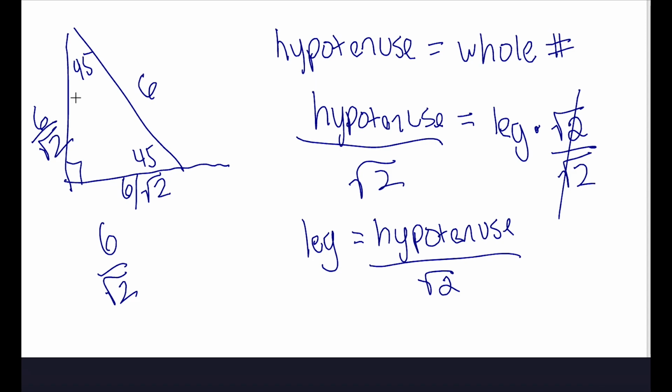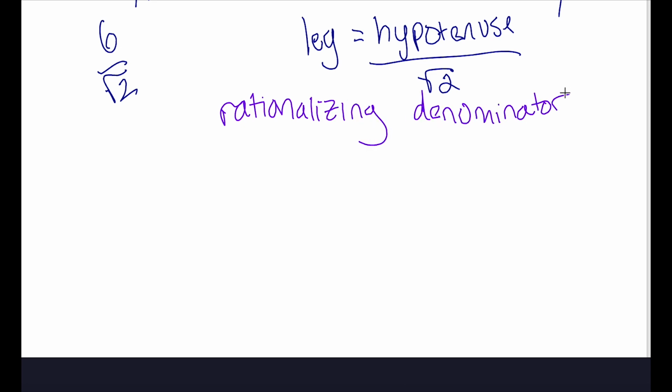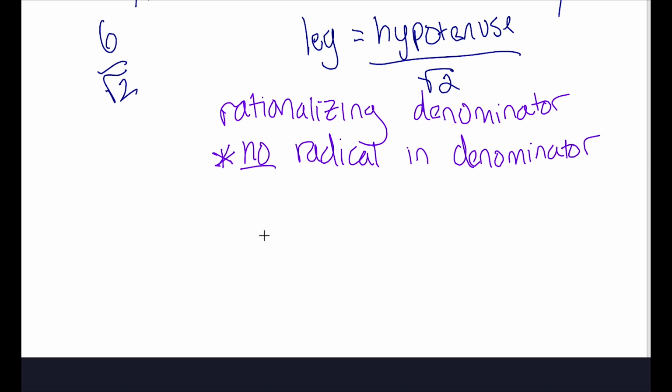Now, you may be asked to rationalize a denominator. That means that we want to not have a radical in the denominator. So in order to do this, you're going to multiply the fraction by the denominator over itself.